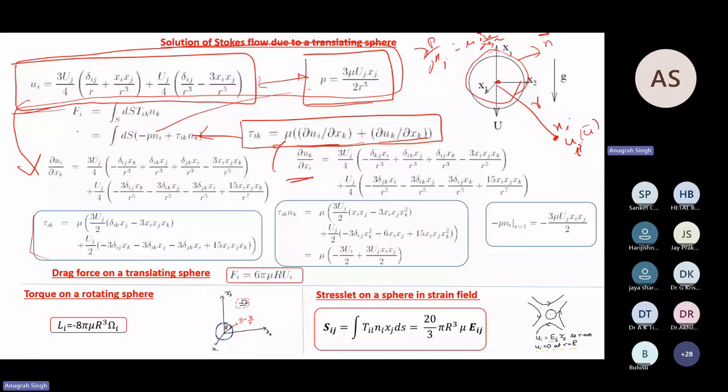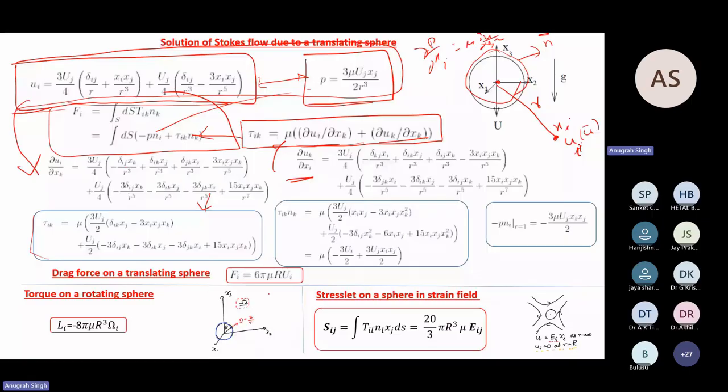So the chain rule will give three components, three plus four, four here also, eight parts. So using the chain rule of differentiation, you have got this. You put it in and carry out the integration. You can easily show that the drag force on this moving particle is 6 pi mu a ui. That's your Stokes drag law.